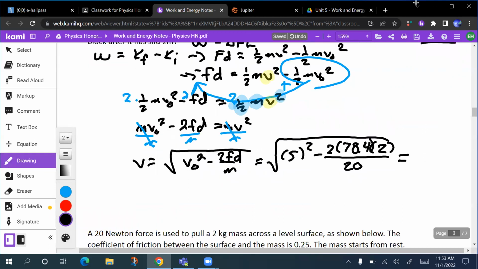Plug that in. And we get roughly about 3.1 meters per second.